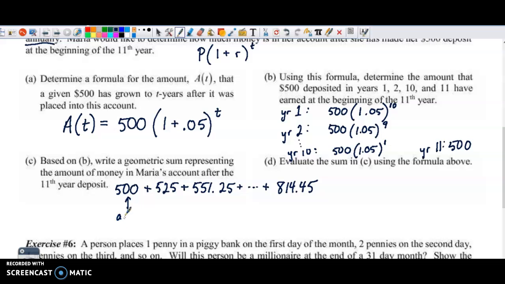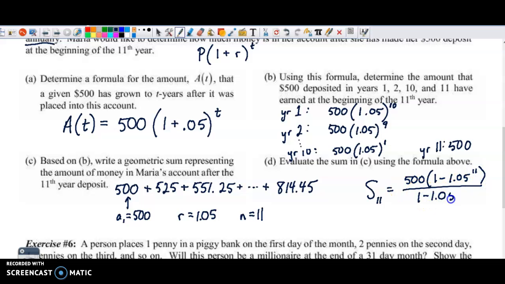But that's what we're trying to get at: the A value, a sub 1, is 500. The rate in the problem is actually the base, the 1.05, which is the ratio being multiplied over and over again, and n equals 11. So if we use that formula from above, the sum that Maria would have if she continued to make $500 payments every year for 11 years would be 500 times 1 minus 1.05 to the 11th power, all over 1 minus 1.05.